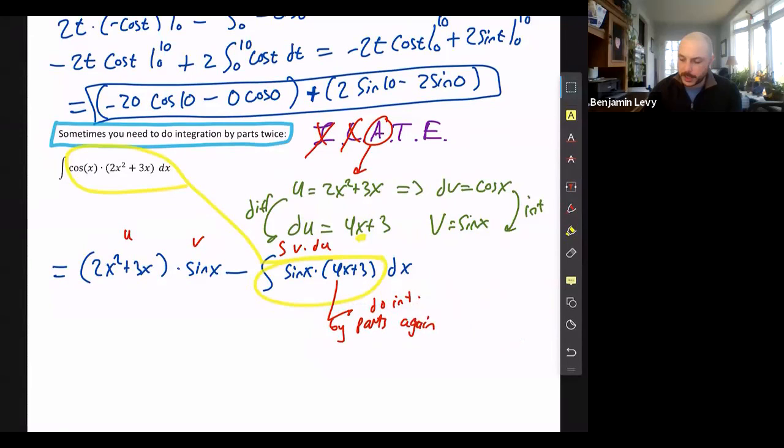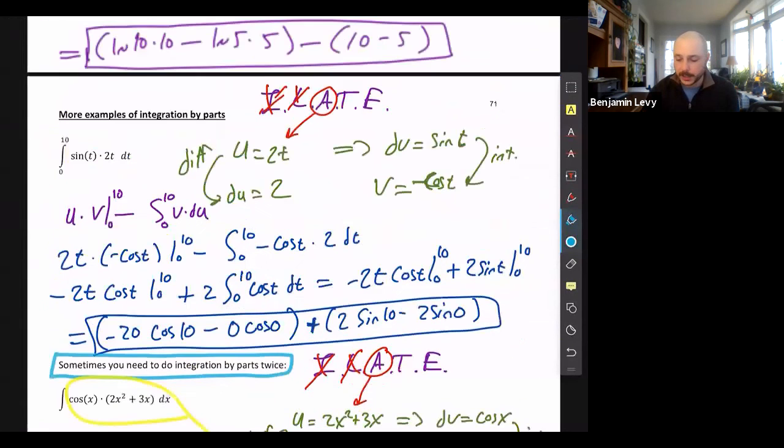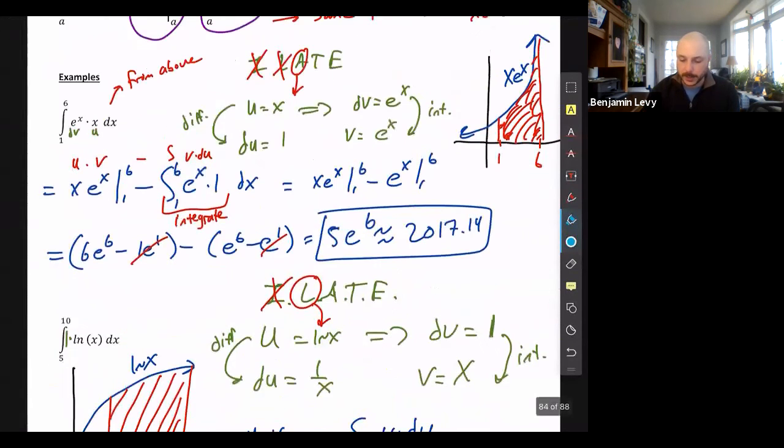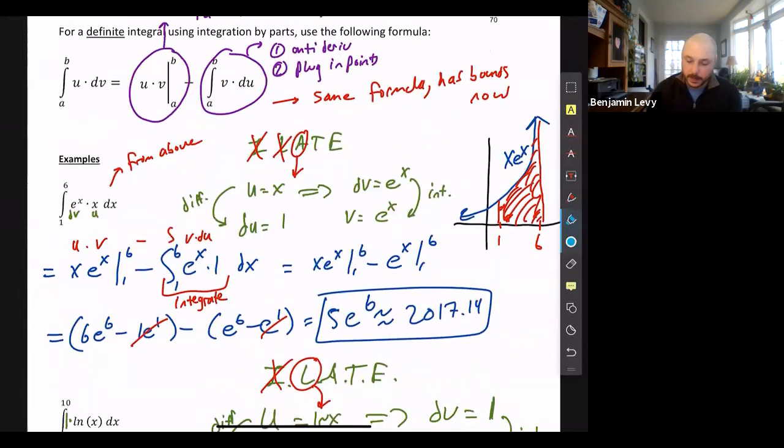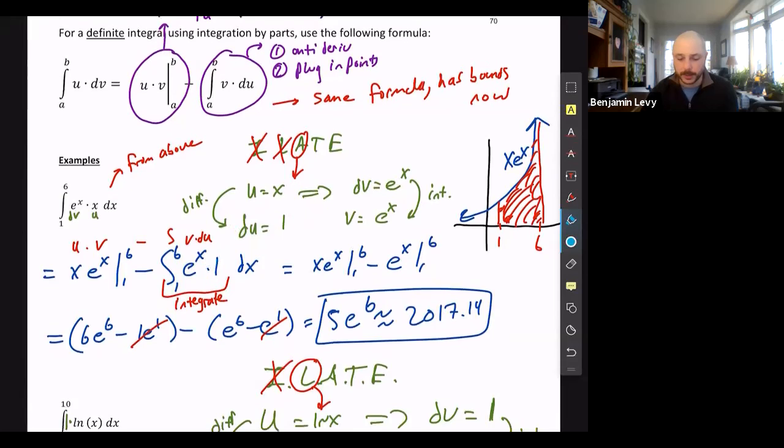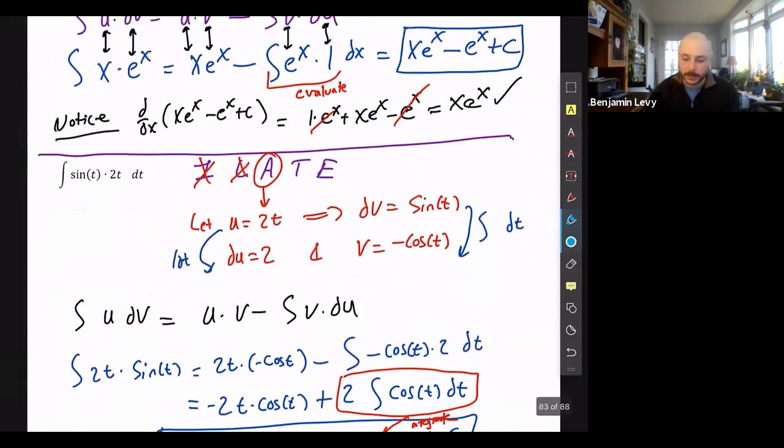Because when we differentiated it here, let me do another color so it stands out, it still had an x in it, and so when we stuck it in, it still had an x. Or I think the better thing to do is to compare it to the last one, or some of the previous ones. In this case, when we differentiate it, we just get a constant, and so when we stick it back in, it's nice. It's just a constant multiple. Same thing with this one.